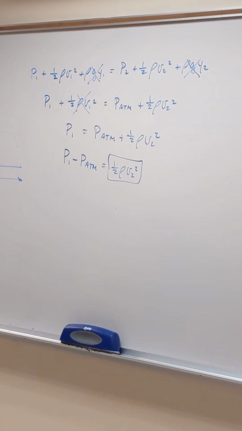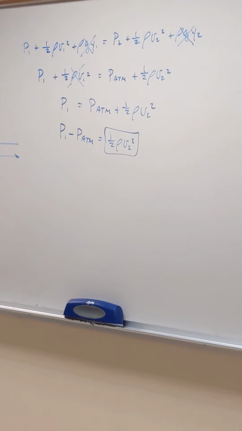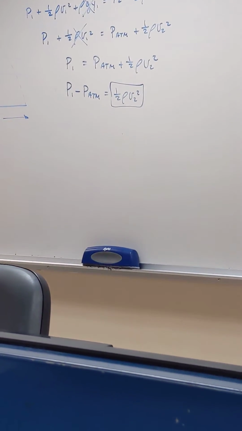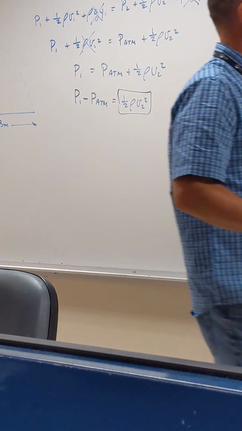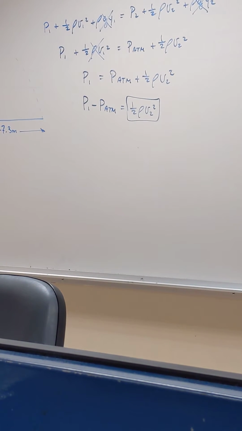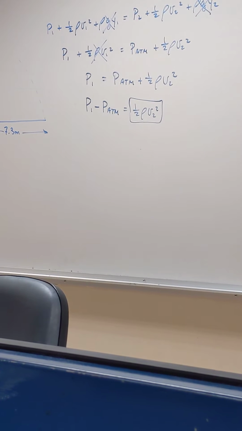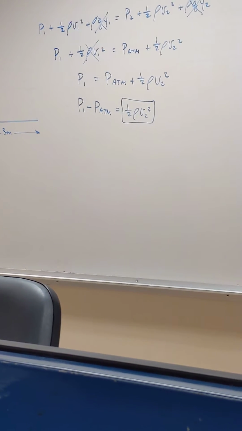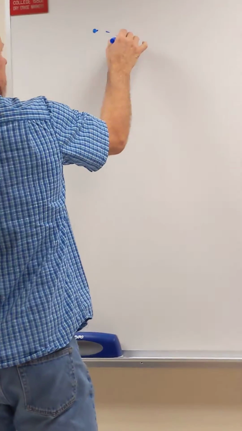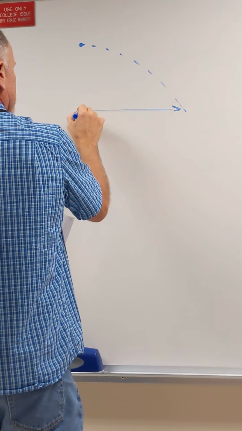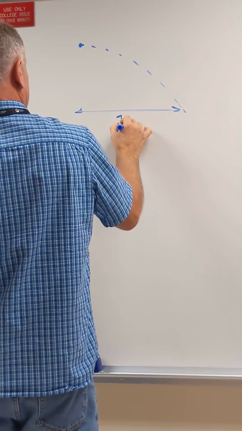Now I have to go back to kinematics, right? Anyone? Thank you. So let's check it out. Realize I've got a projectile essentially going like that. It covers what, 7.3 meters?